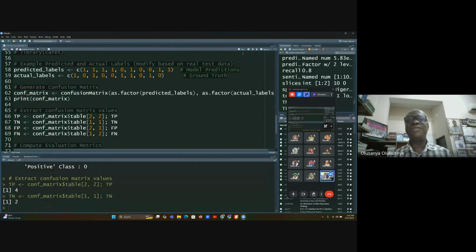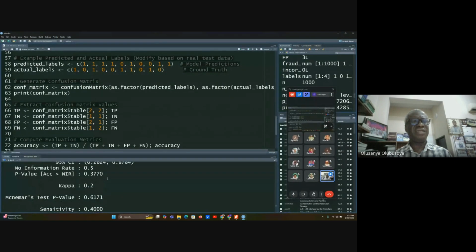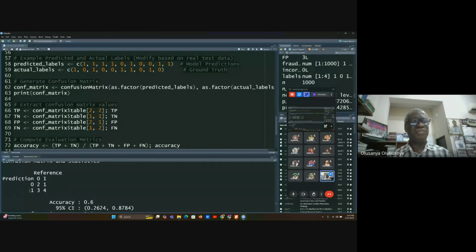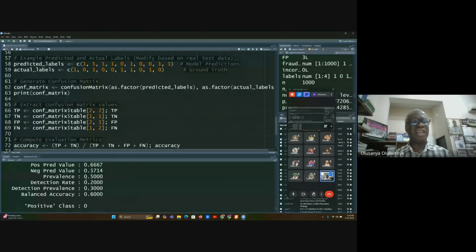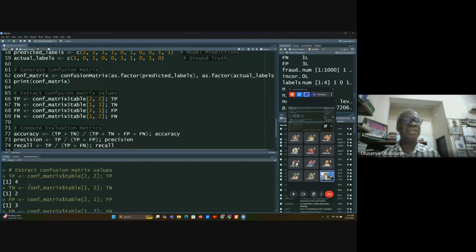To get the false positive, that is 3, and that is when your model predicted positive when the actual was negative. And then the false negative is, of course, 1.